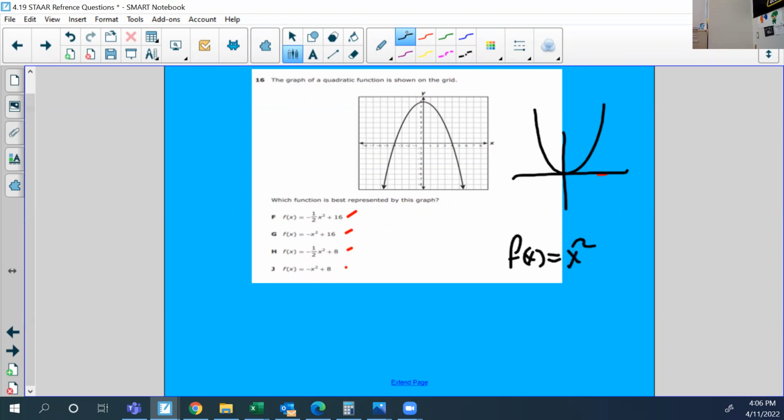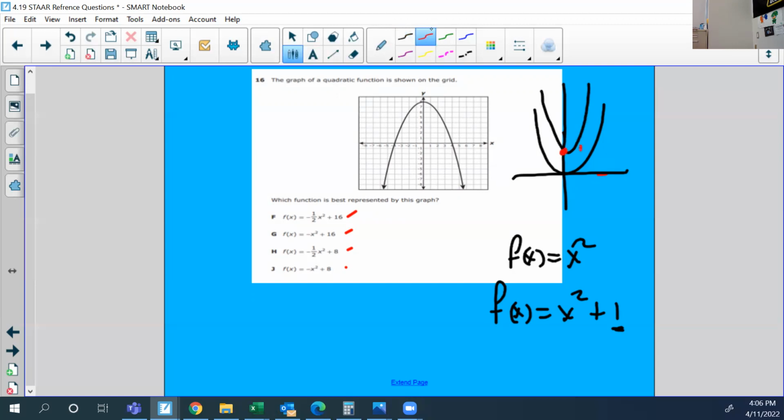If this function goes through a transformation, for instance f of x equals x squared plus 1, that just means the graph, this is my y-intercept right here, shifts up 1 unit on the y-axis.